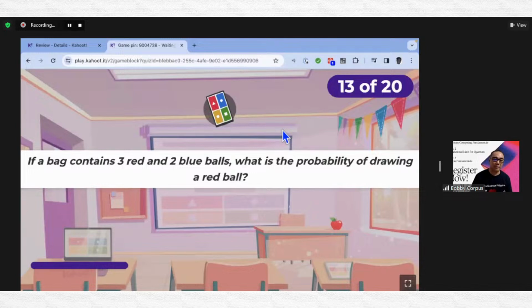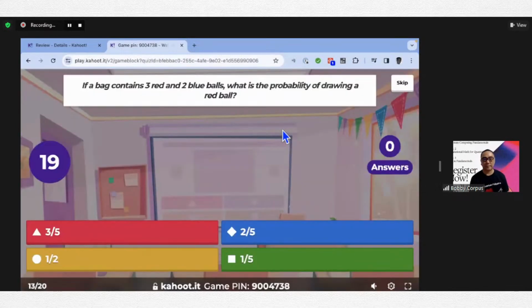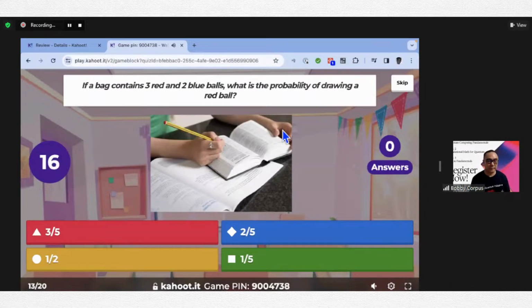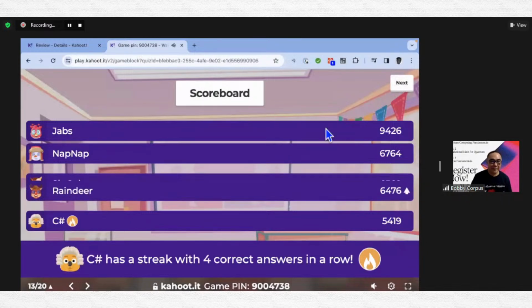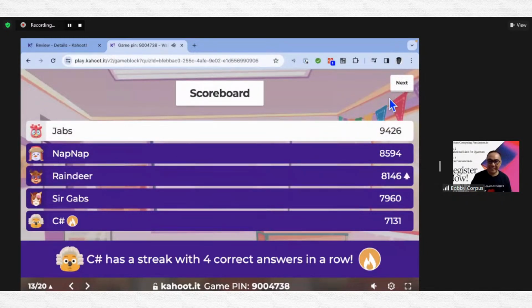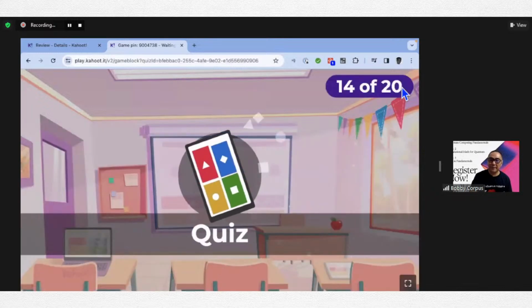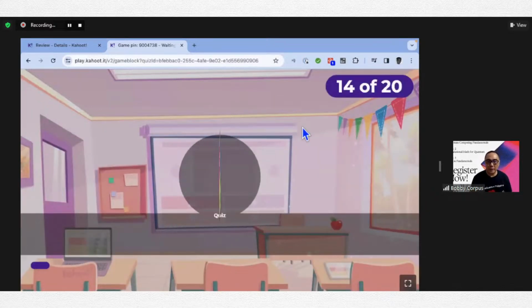Ito naman, double points. Bag contains 3 red, 2 blue balls. What's the probability of drawing a red ball? Very good. It's 3/5. Okay. Hindi na yata nakahabol yung iba. Okay, 14 out of 20. Double points.